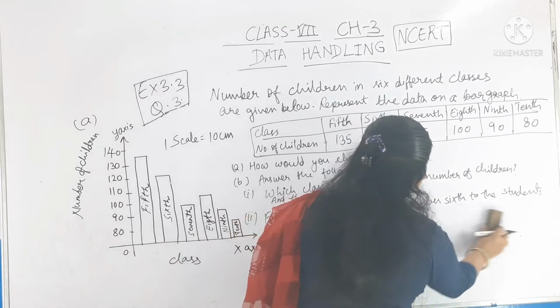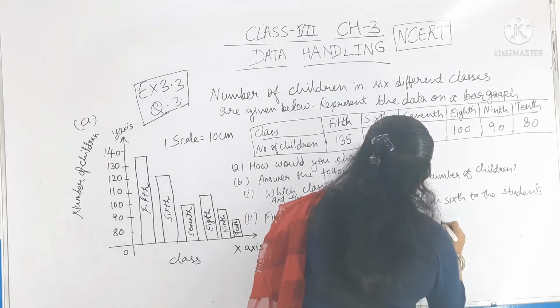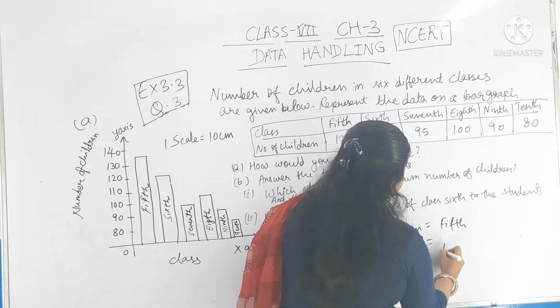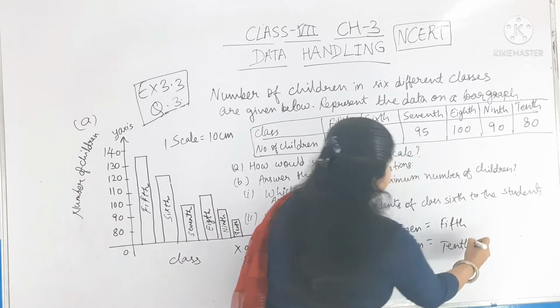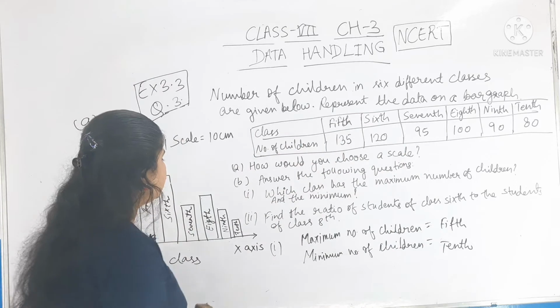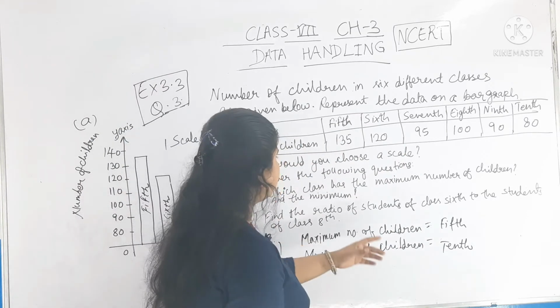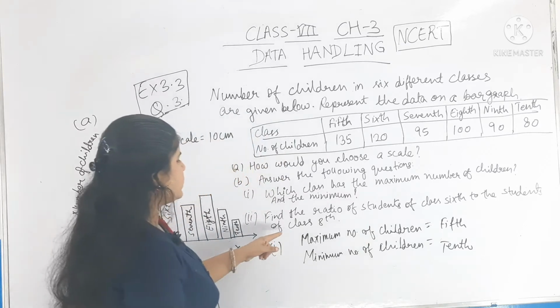Or you have to write like this. It is given 5th in spelling, so you have to write like this, okay? 5th or 10th, right? In the second part, you can see: find the ratio of students of class 6th to the students of class 8th.